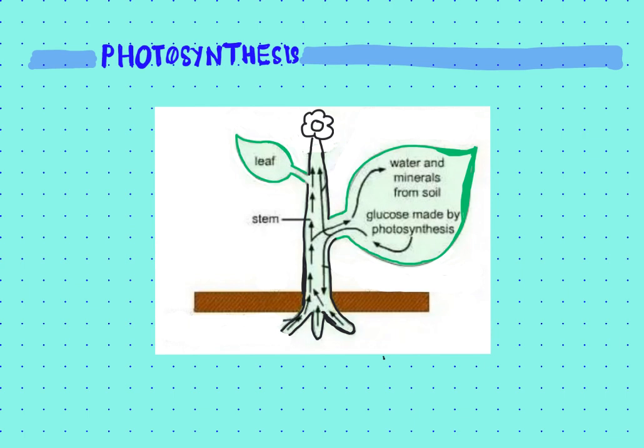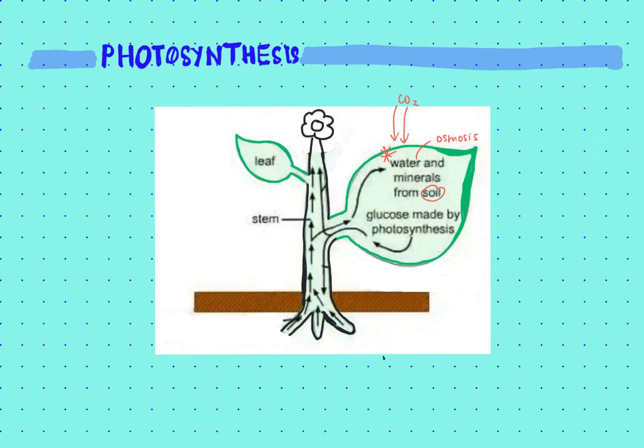So what we are looking at here is the process, how it happens. So first, a few things first. Water and mineral salts are taken up from the soil. So this is by osmosis, like I said. Right, and we also need this going in.